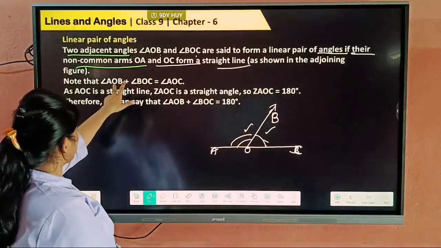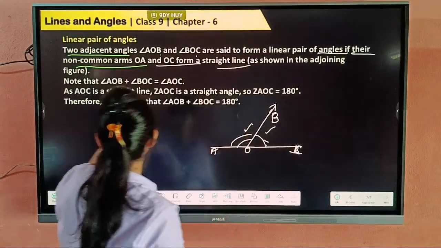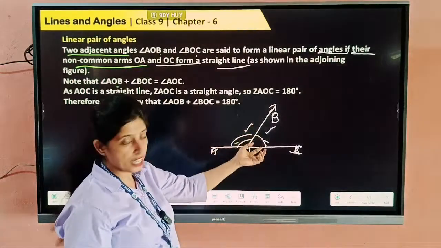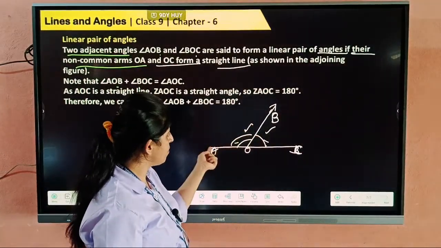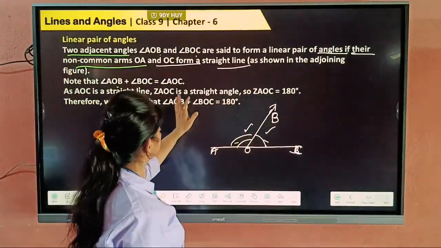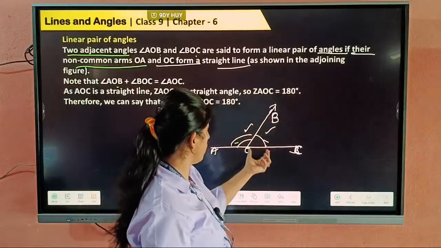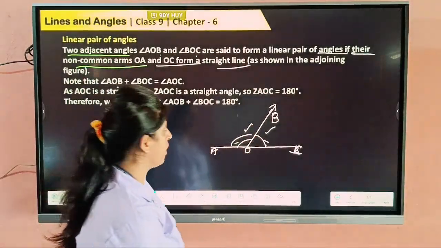Note that angle AOB plus BOC is equal to AOC, right? If the two angles' sum becomes a straight line, then AOC is a straight angle, and we can say that angle AOC is equal to 180 degrees, so this forms a straight angle, right?